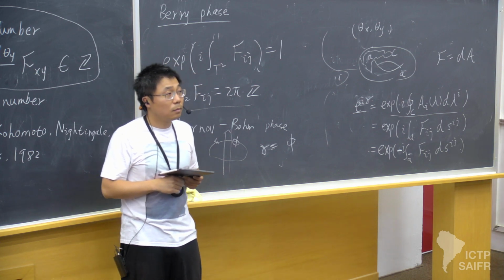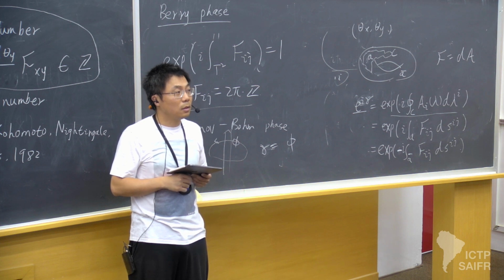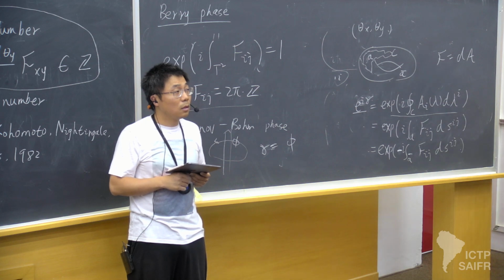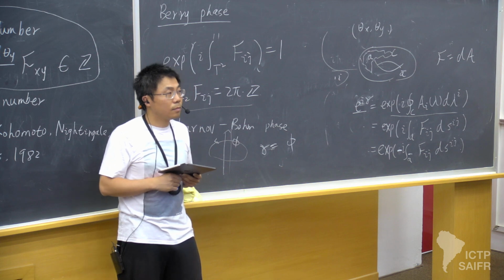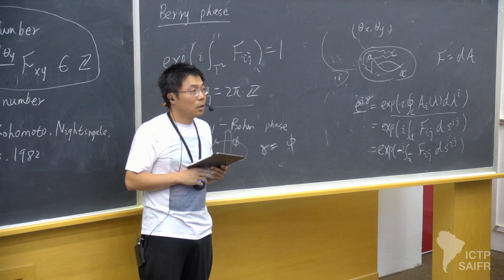Can I make a comment? No problem. Well, I understand that the Berry connection and the Berry curvature arise from general differential geometry. The Chern number, I understand, is like counting the holes in the manifold, something like that.